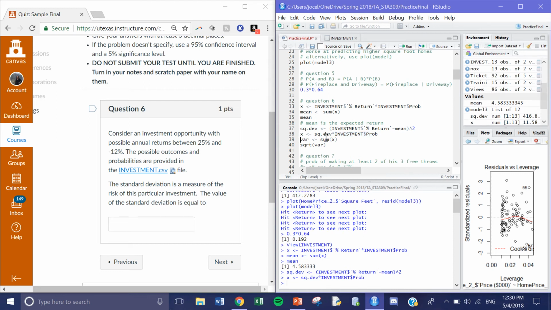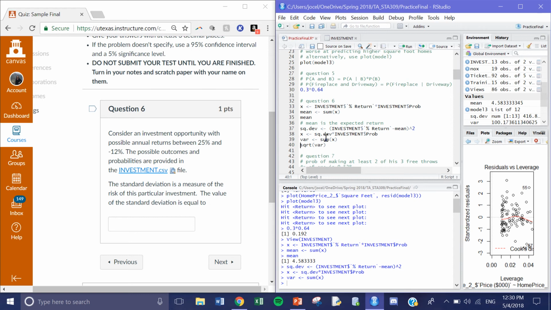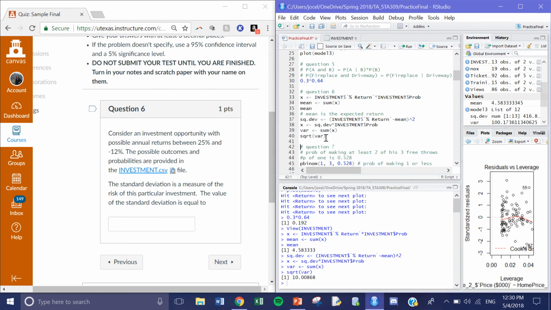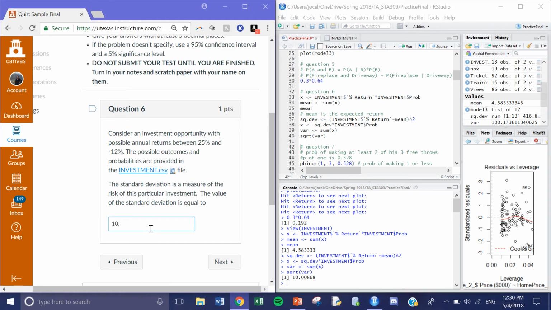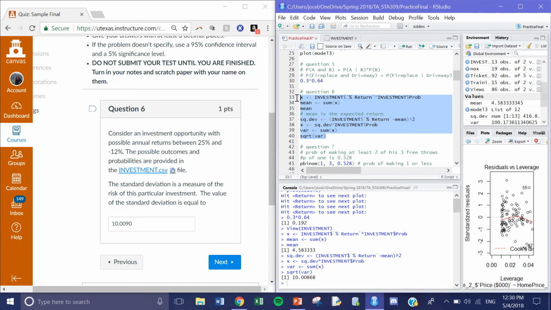Then I calculate the variance by adding up all of those weighted deviations, and then I square root the variance to find the standard deviation. And it's 10.009. You should go through these steps every time you need to find a standard deviation with things that are not equally weighted.